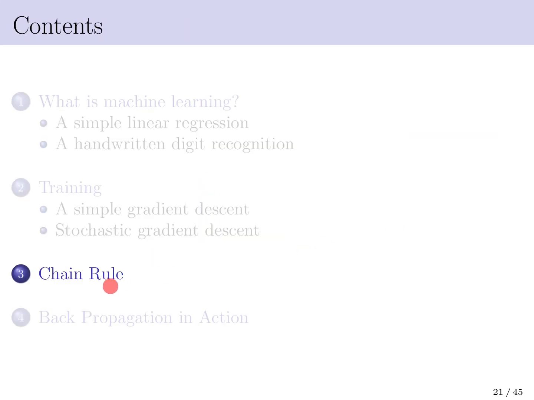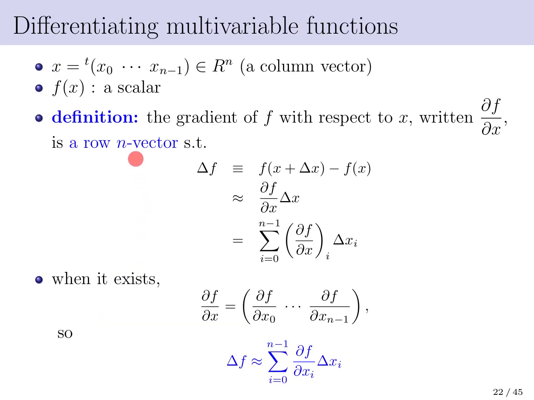So this is what the chain rule is exactly for. But before getting into the chain rule, let's see here the review of the derivative of multivariable functions, or the functions taking multiple variables. So how you differentiate multivariable functions.